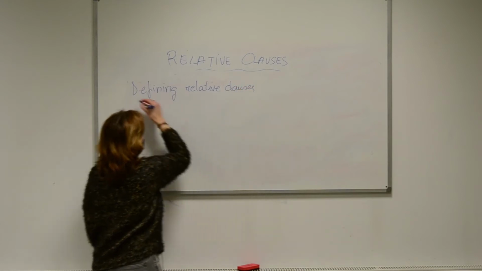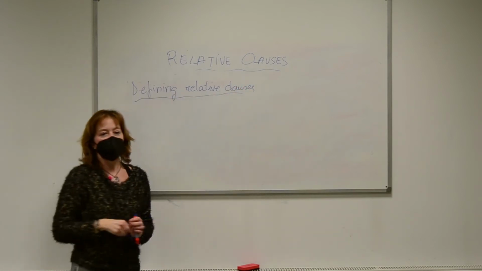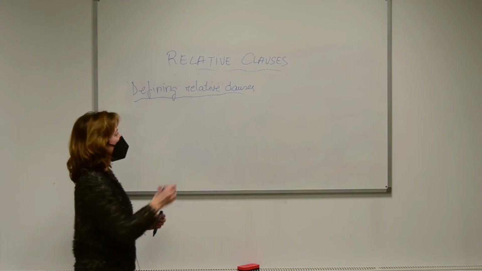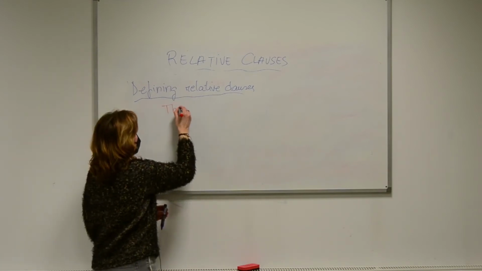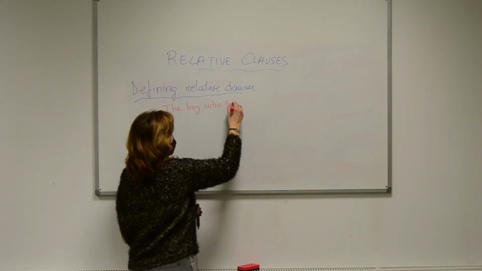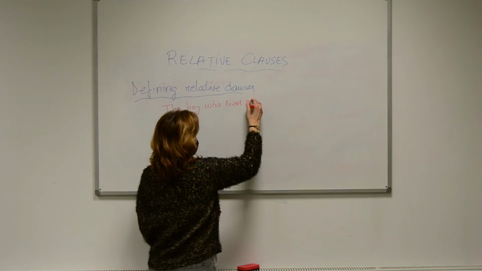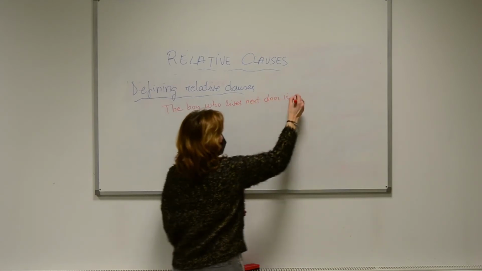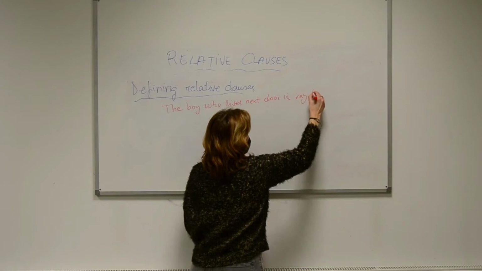In defining relative clauses, the information is completely necessary. It cannot be omitted. For example, the boy who lives next door is my brother.